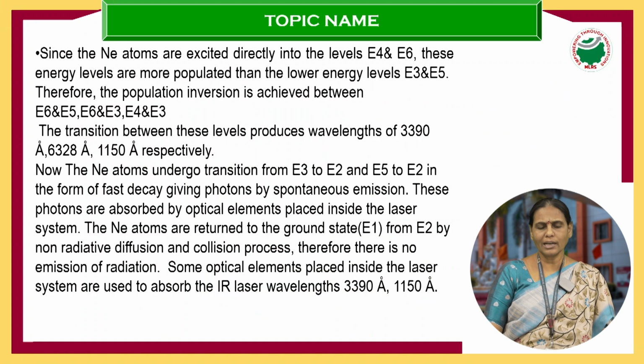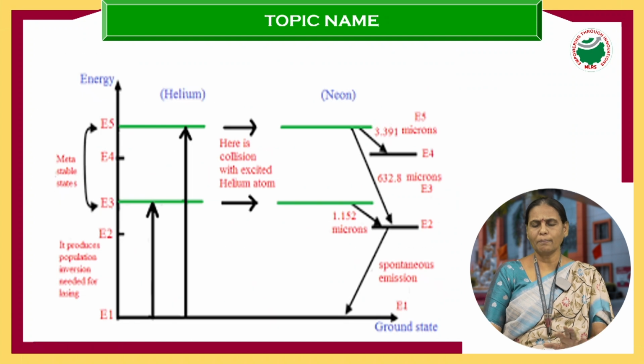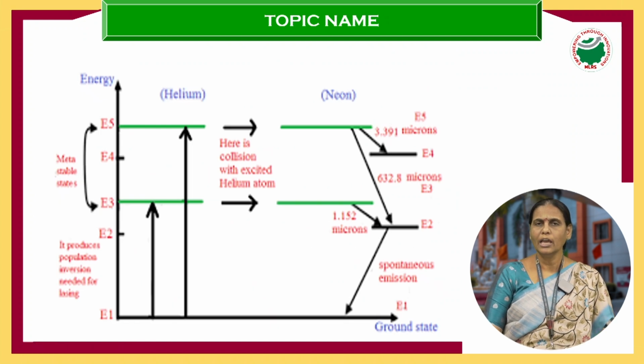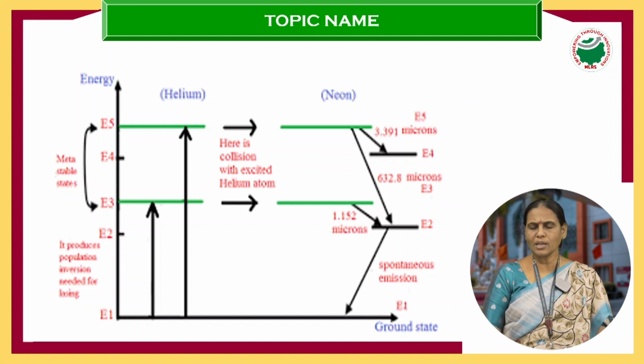The transition from the E5 state to the E4 state produces a wavelength of 3.39 micrometers. At the same time, the transition from the E3 state to the E2 state produces a wavelength of 1.15 micrometers.